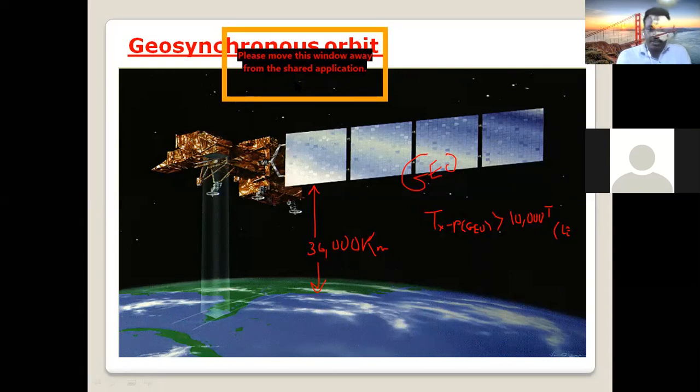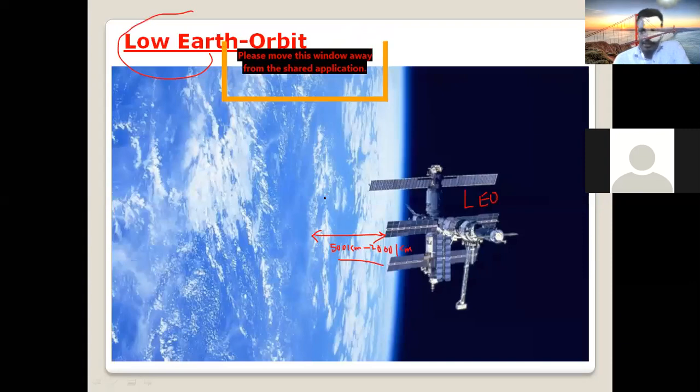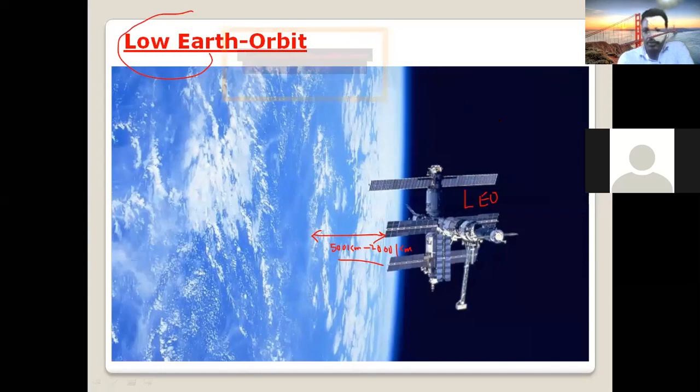What's another difference between LEO and GEO satellites? The speed. If you remember, last week we discussed from Kepler's law that the speed of the satellite is inversely proportional to r. What is r? The distance from the ground.